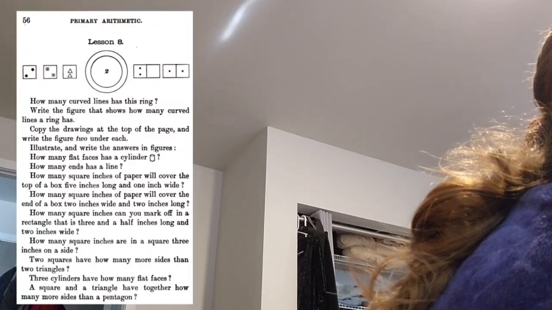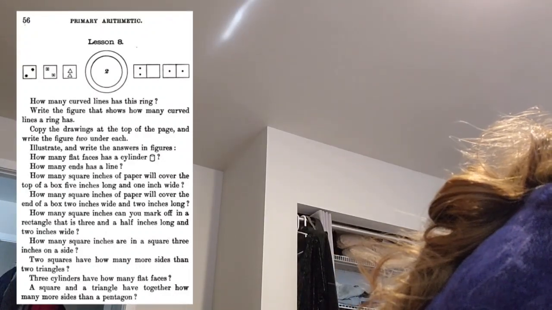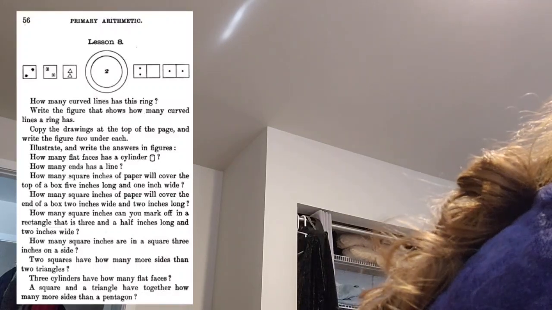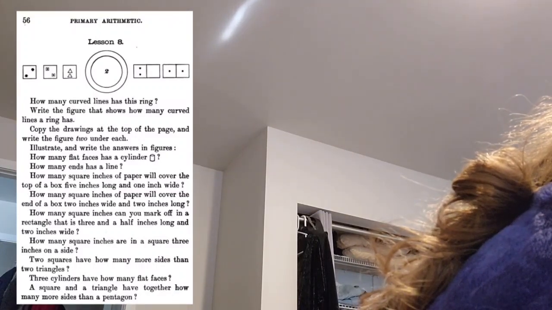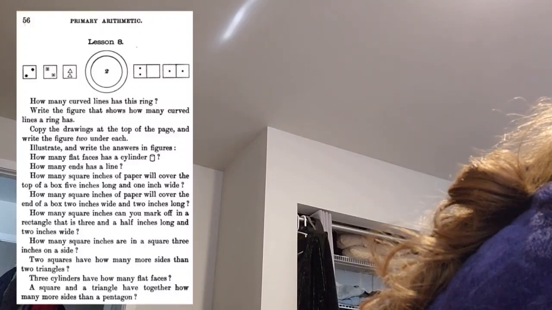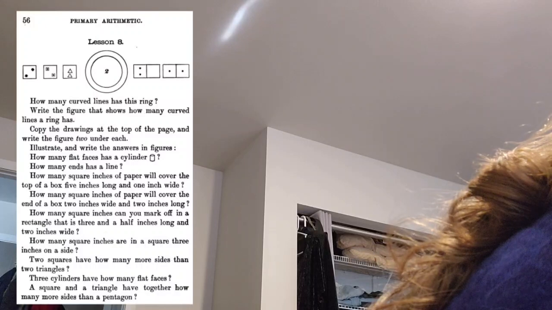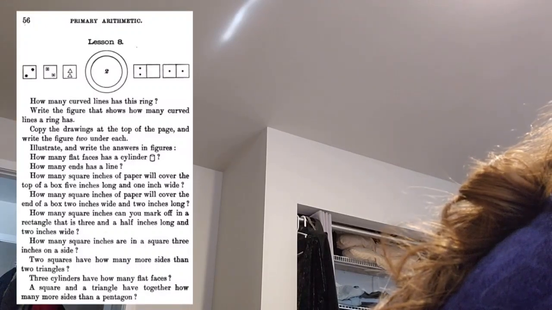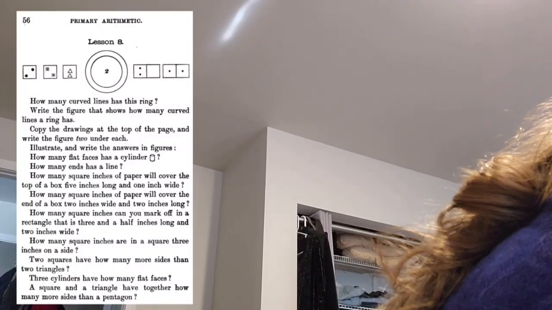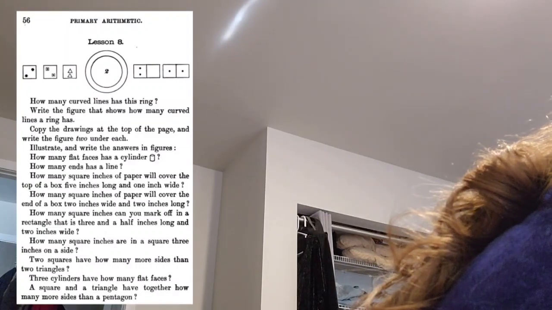Page 56. We're getting closer. Lesson 8. I'm gonna get it done. How many curved lines has this ring? It has 2 curved lines.